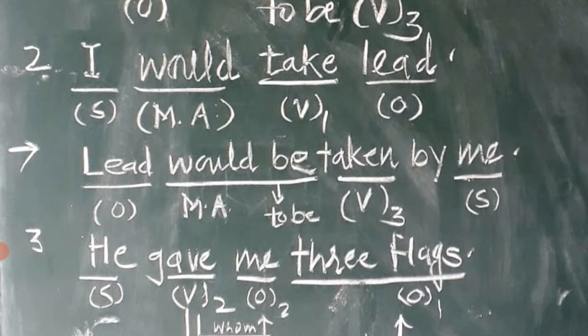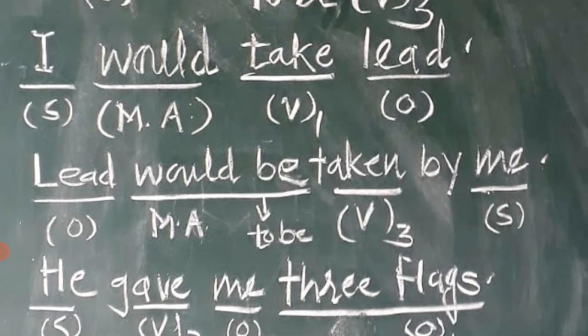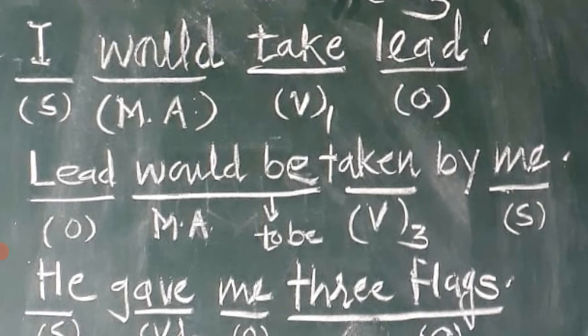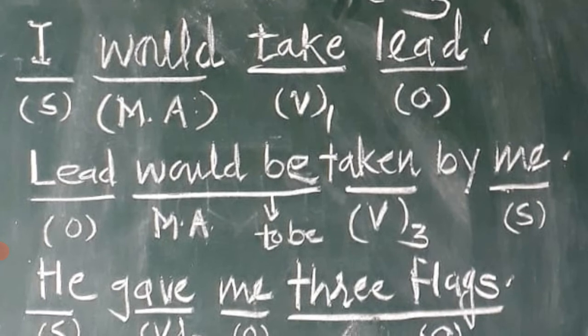My focus here is to show how to convert a sentence having a modal auxiliary into passive construction. So as usual while converting, let us focus on the object of the given sentence, lead. So I put lead in place of the subject.